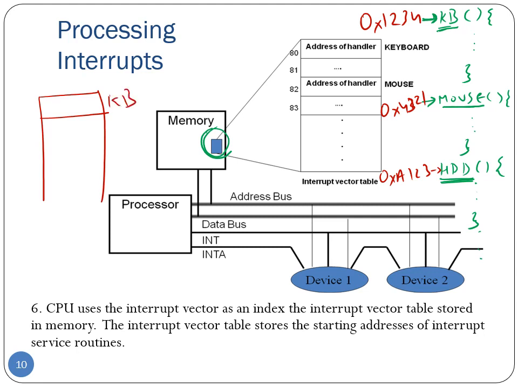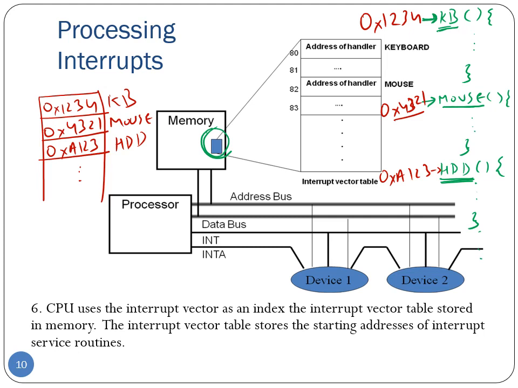You will have the address hexadecimal 1234 here. This is the starting address of the keyboard's interrupt handler. Similarly, for mouse, you'll have an entry of this address hexadecimal 4321. For this hard disk, you'll have an entry hexadecimal A123, and so on.